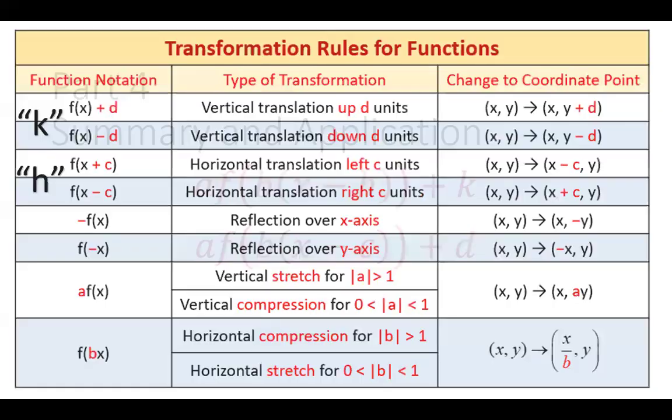On our first thing here, we have our full transformation rules sheet. So all of the rules in one location and how it visually and how it algebraically affects your function.